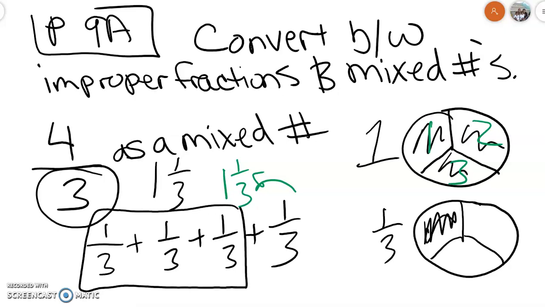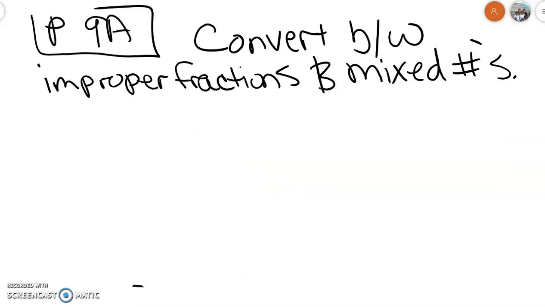So I'm going to erase this and, let me see. Our next problem is 25/3. Now, unlike the last problem where I would just write 1/3 plus 1/3 plus 1/3, I'd have to do that 25 times. That's a big waste. We don't want to do that. So we know that this fraction bar also means to divide.